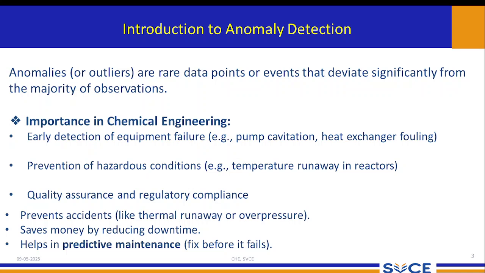It prevents accidents like thermal runaway, which is a hazardous condition. It saves money by reducing the downtime period. If any failure happens, obviously that will lead to downtime. As we know, industry is operated 24/7 in three shifts, and during the downtime the production is reduced, so obviously the cost will increase. It also helps in preventive maintenance.